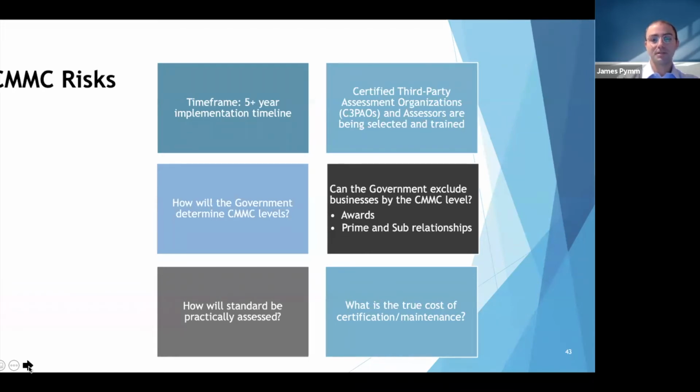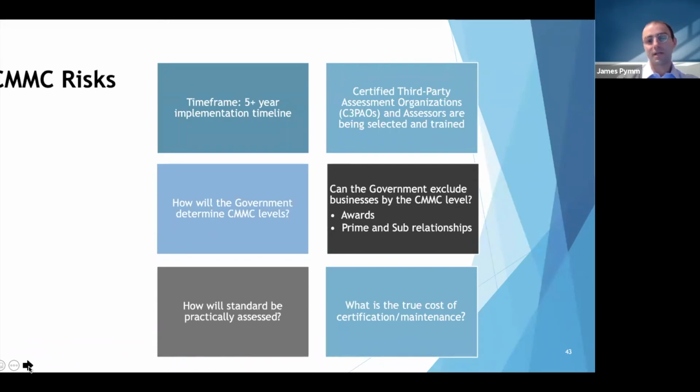Next, how will the government determine CMMC levels? So there's what the DoD has in terms of what CUI is, but a big unknown in this piece is that the DoD acquisition workforce, which is obviously significant, they're going to need to be trained on what CUI is and what CMMC is to make sure that this standard is applied correctly in contracts. And that's obviously going to be a significant effort.